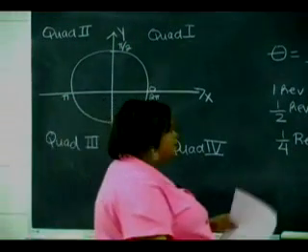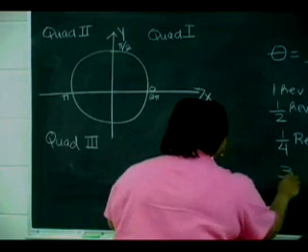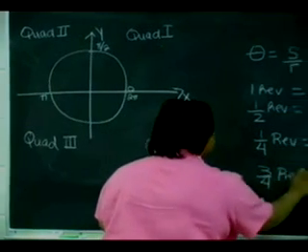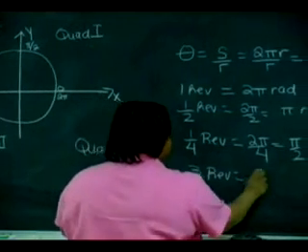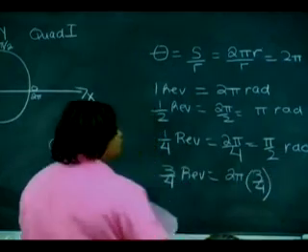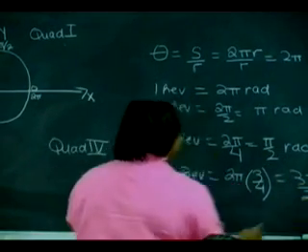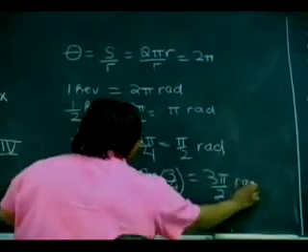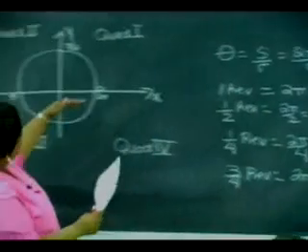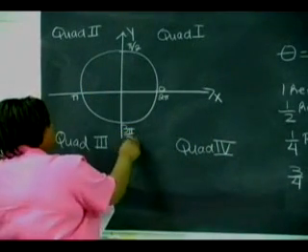And how about if I do 3/4 of a revolution? Then that's 2 pi times 3/4, which is 3 pi over 2 radians. 3/4 of a revolution, 1/4, 2/4, 3/4 is here.